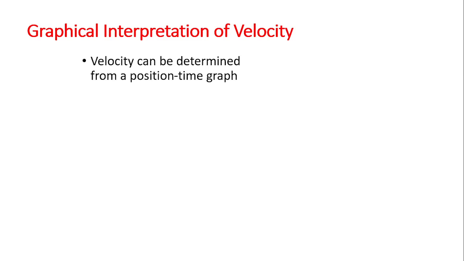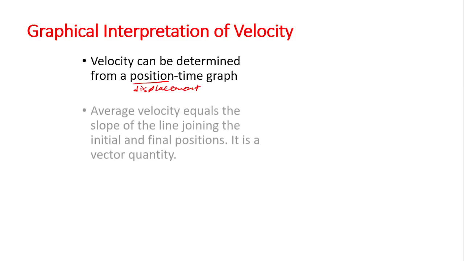So one, velocity can be determined from a position time graph. The word position can be replaced with displacement, so it is the displacement time graph.